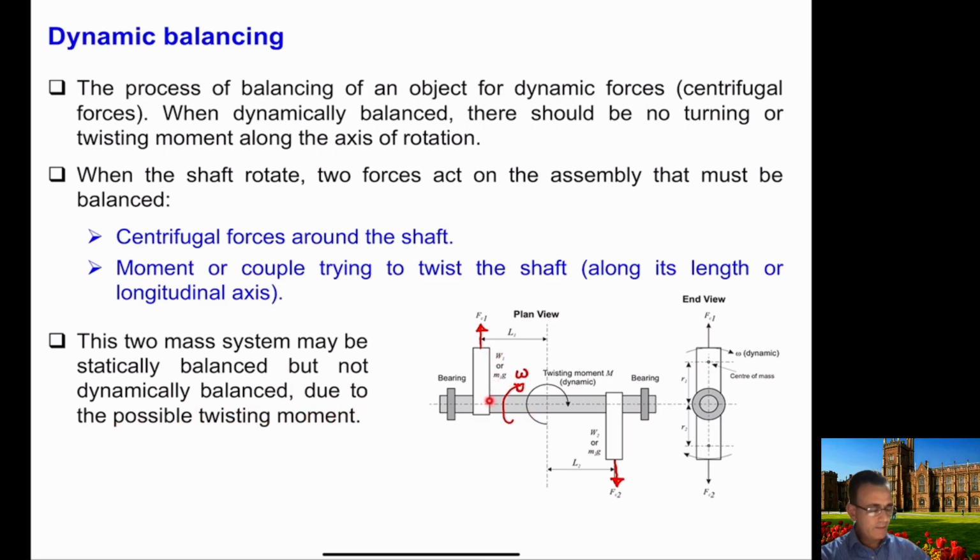Although MR1 may be equal to MR2, or W1R1 may be equal to W2R2, this means that the system may be statically balanced.